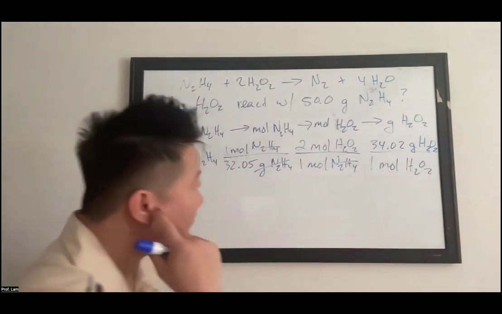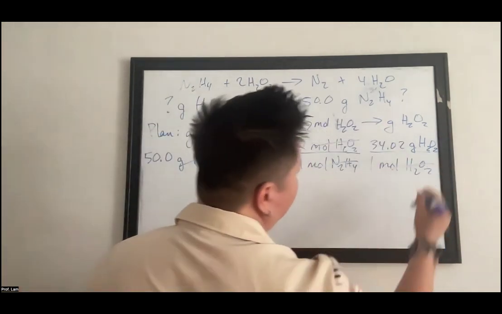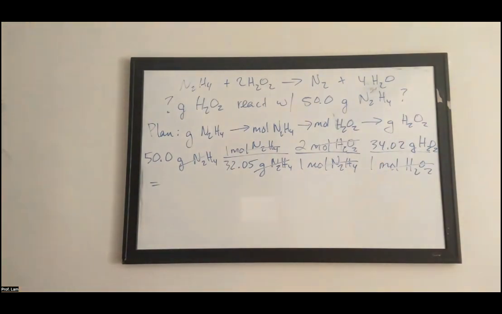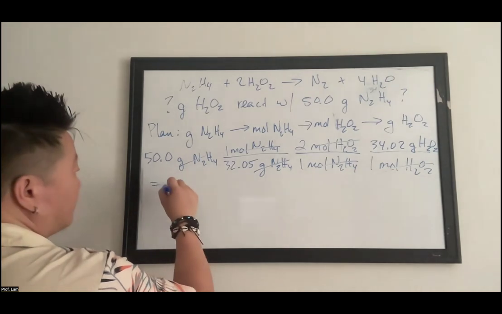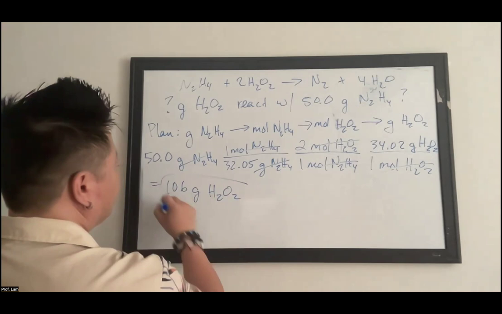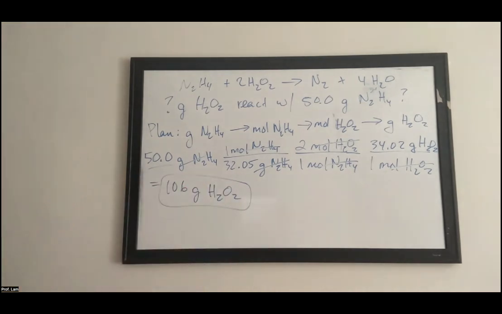So moles of H2O2 cancels. And then what do we have? 106 grams of H2O2. 3 sig figs, because of that number.